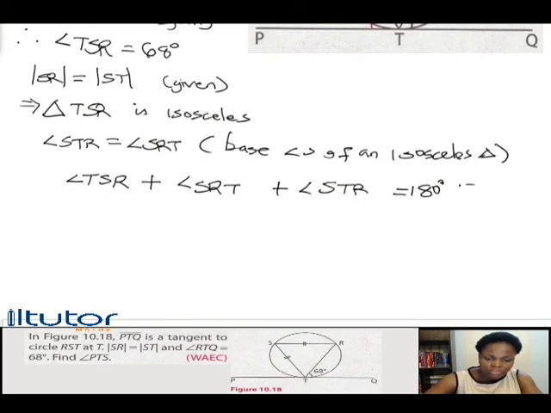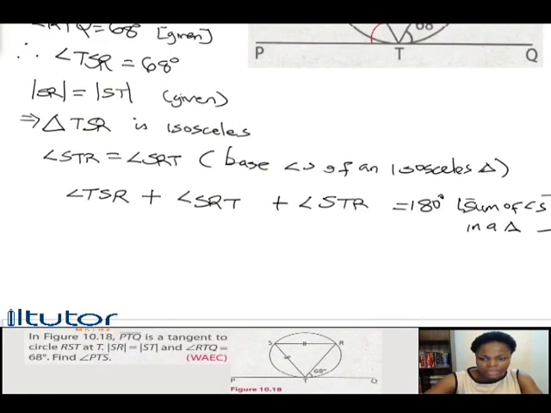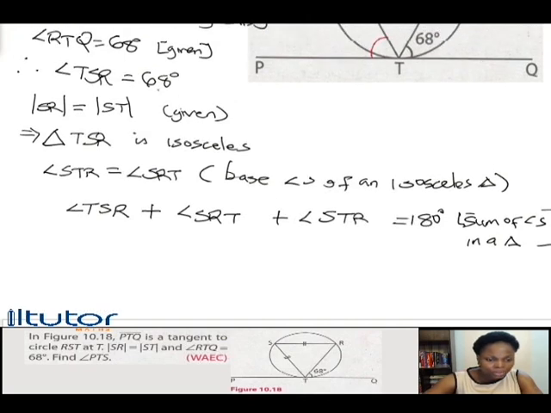Sum of angles in a triangle. And we already have that we got TSR to be 68 degrees. So we substitute it here: 68 degrees plus angle SRT.